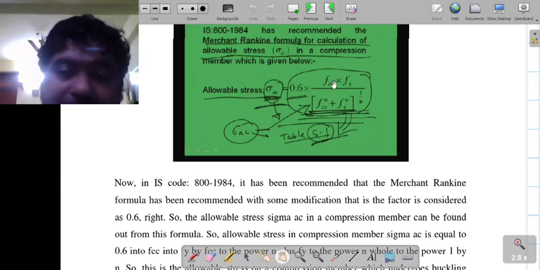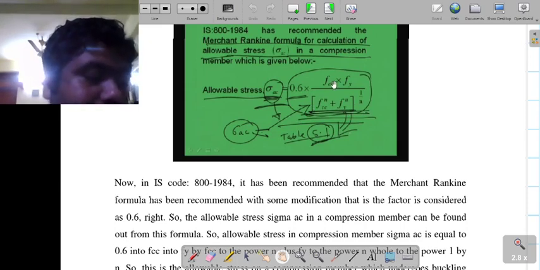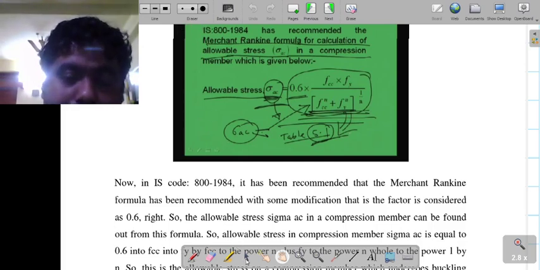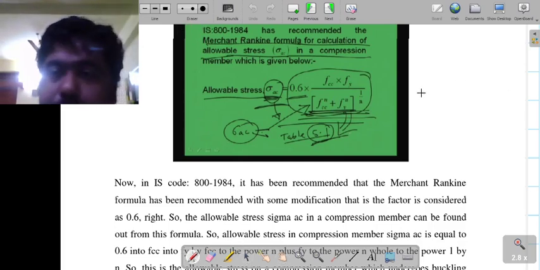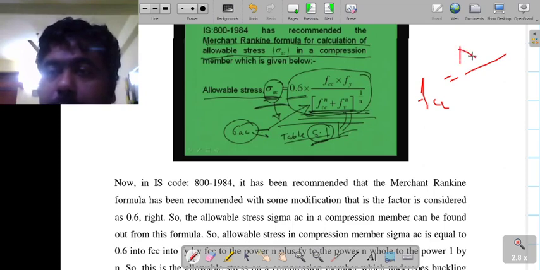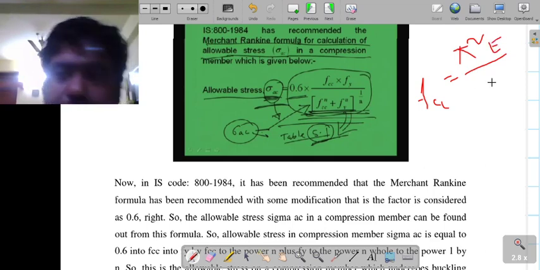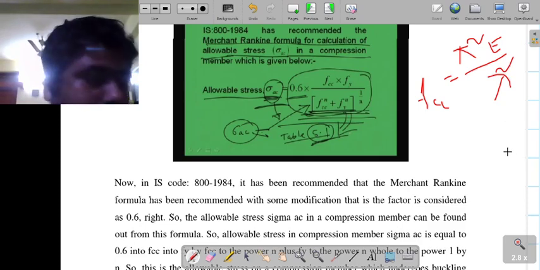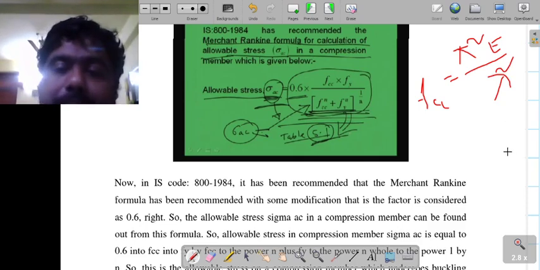Then FCC is called the elastic critical stress in compression, and this is calculated using this equation, that is FCC is equal to pi square E divided by lambda square. Okay, now question is what is this E and lambda.